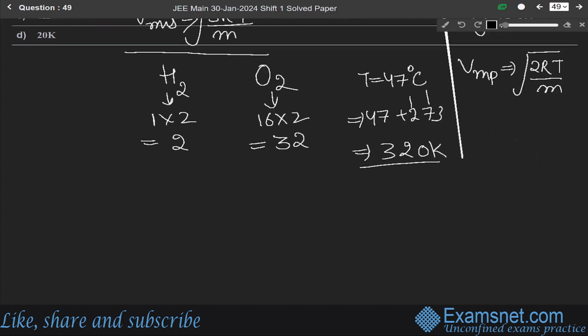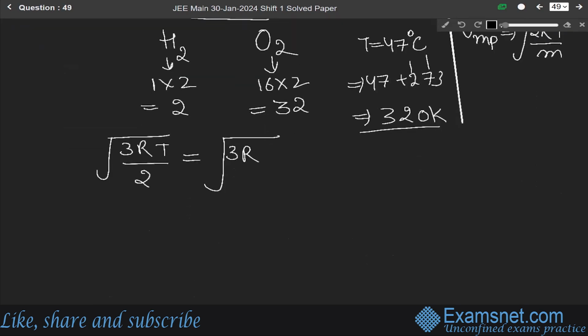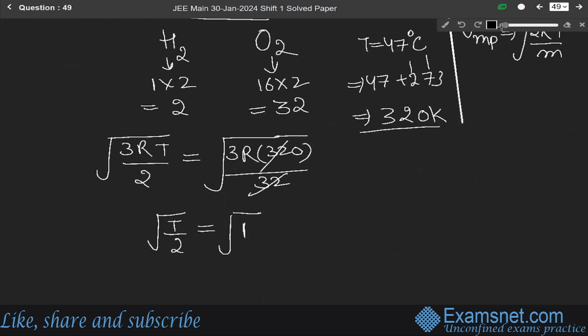Now using the formula under root 3RT over M, for hydrogen it will be equal to under root 3R into 320 for oxygen over 32. This 32 cancels out. So this 3R cancels out. So we are left with under root T by 2, which will be equal to under root 10.